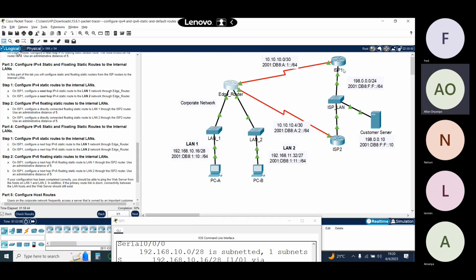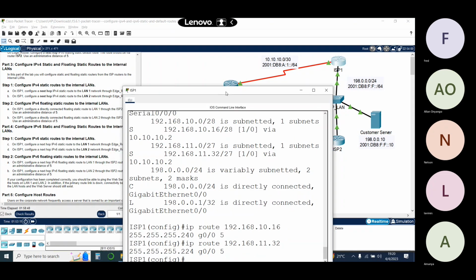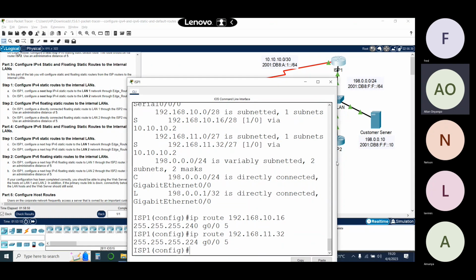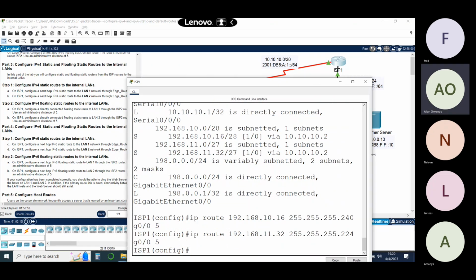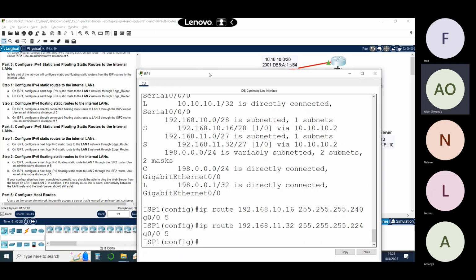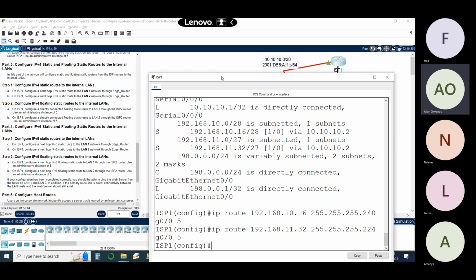And so we get to ISP1 right here. On ISP1, we need to configure that. So let's do the IPv6 static route, and we say ipv6 route.